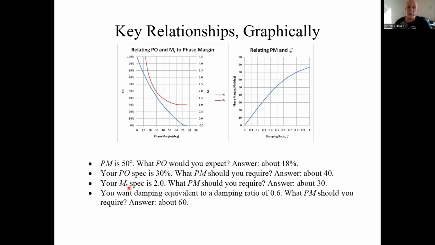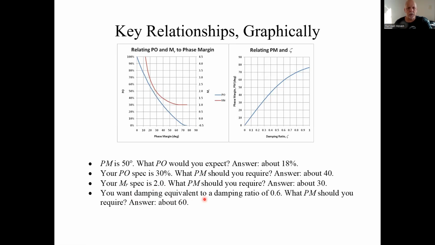What if I have the peak overshoot in the frequency domain of 2.0? That's the red line, right axis, at this point here. Going down, that's about 30 degrees of phase margin if you want a peak overshoot under 2.0.